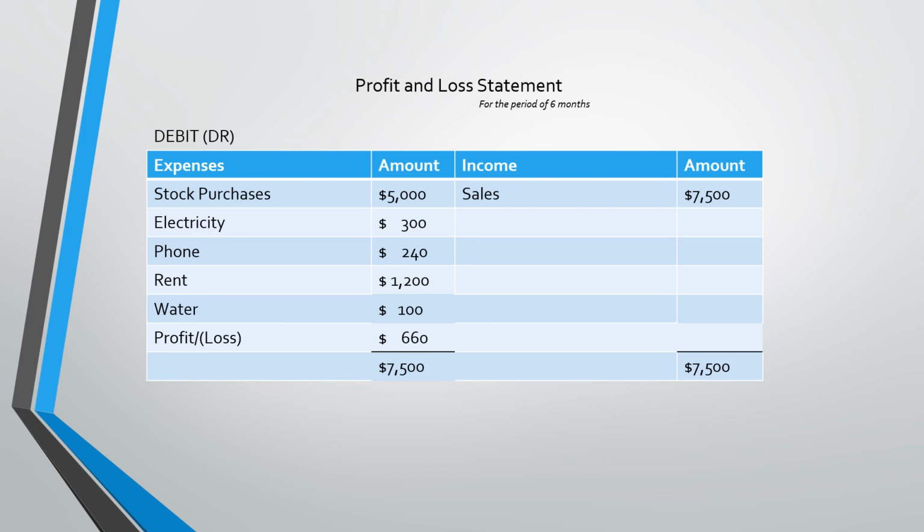Sales is on the right hand side, and the total of those two amount columns should always be the same. The balancing item at the end of your left hand side is either profit or loss. In this case, it's $660 profit because Jane spent less money and earned more money when she sold her items.